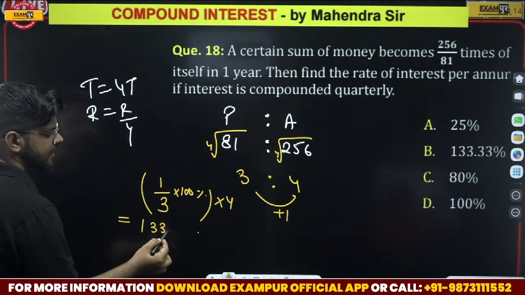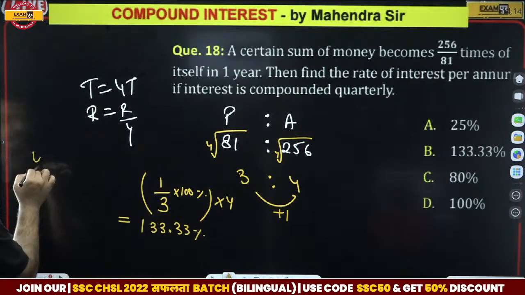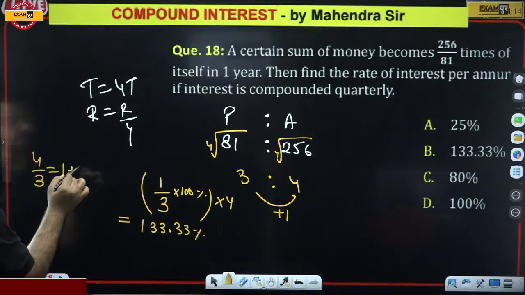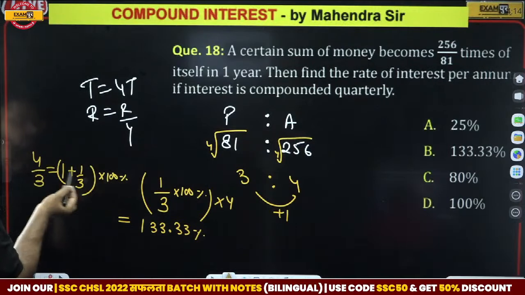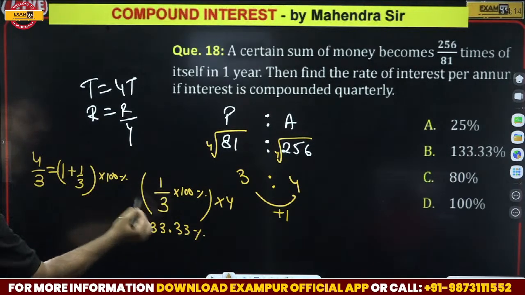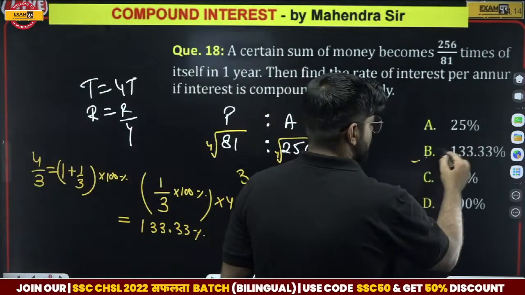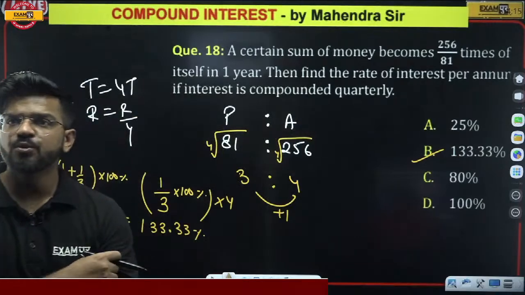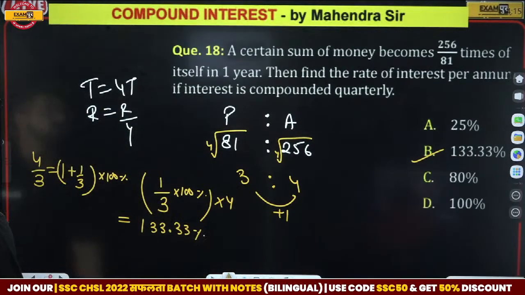So if you calculate it, you will get 33.33%. 4 by 3, I have written it as 1 plus 1 by 3 into 100%, right? So 100 by 3 is, you know that, 33.33%. You can do it directly. So option number B is my right answer. I hope you all get that. Okay, Manoj, Sai Teja, very good. Super. Let's move on to another question.